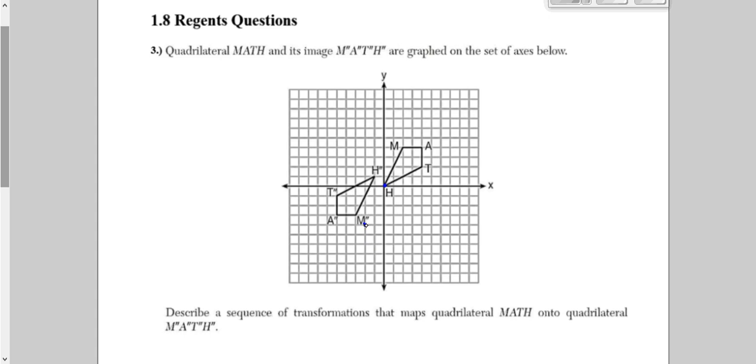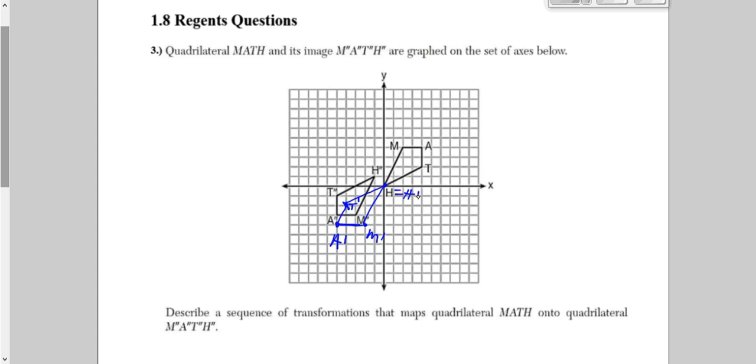And then T, so they're going right, 1, 2, 3, 4, up 2. We're going to go left, 1, 2, 3, 4, down 2, like that. And then A ends up here. I think that's got it. Whoop, like that. So that's A single prime. This is M single prime, and here we have T single prime, and then H. Does that make sense?